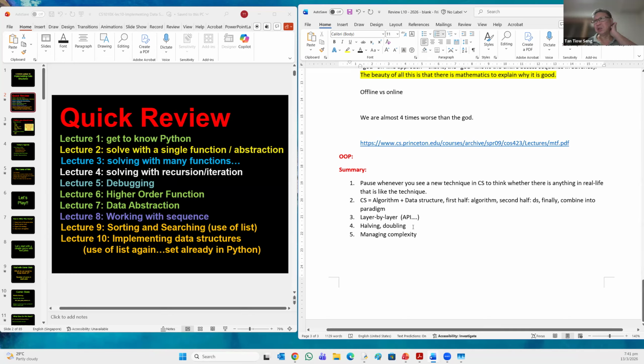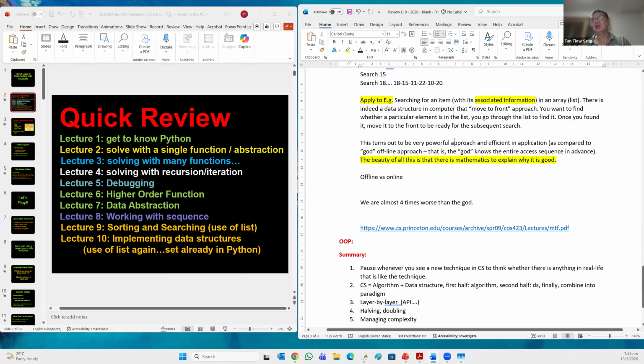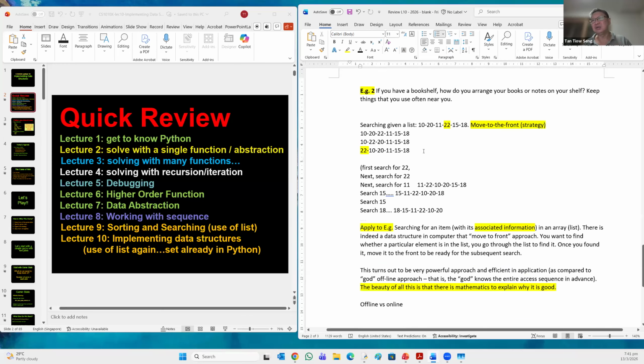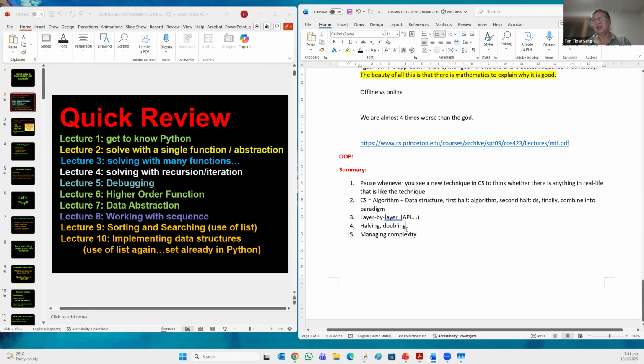Application programming interface. The fourth point here is halving and doubling. You saw doubling here, and halving is just the converse. Like in merge sort, you saw the halving of things, and here you saw the doubling.